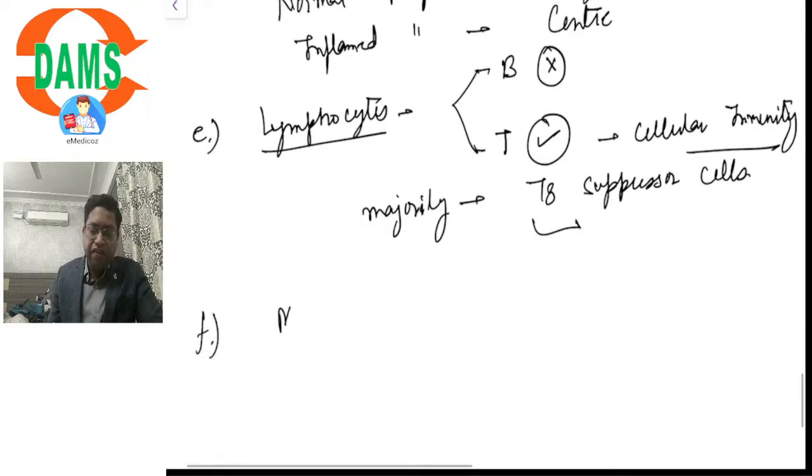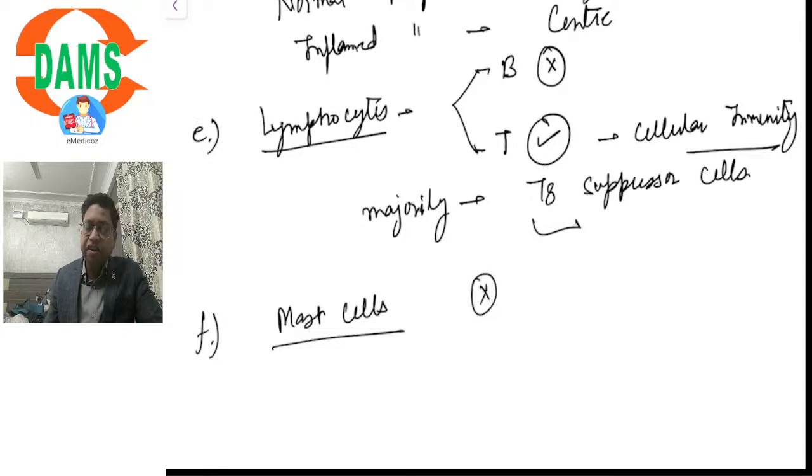Then there are certain cellular elements like mast cells. Okay, these mast cells are not present in normal pulp, but they are part of inflamed pulp.